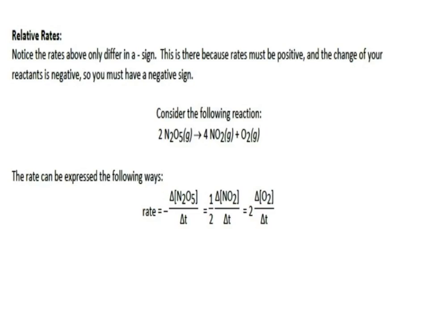Okay, so here what we want to look at is this reaction, and we're going to look at the ratio of the rates. If we're looking at, say, N2O5, as two N2O5s are disappearing, what is happening to NO2?